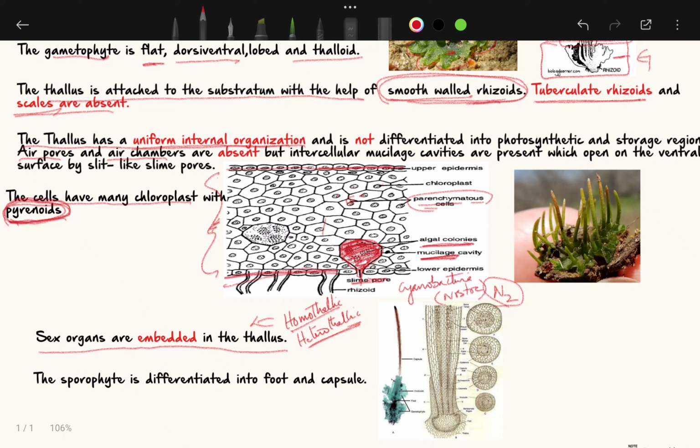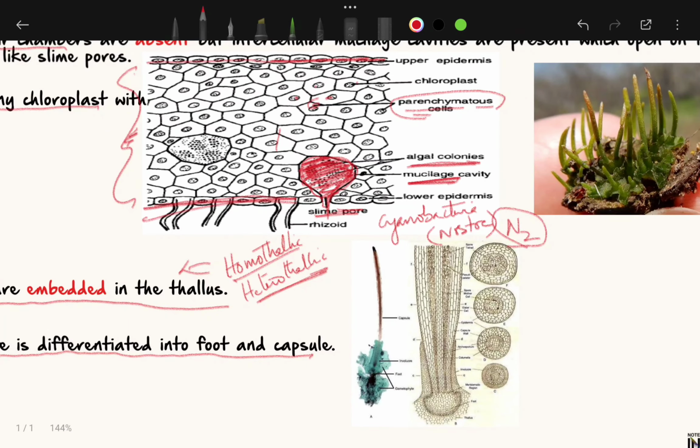And finally, the sporophyte is differentiated into foot and capsule. So this is the gametophyte plant body, and after fertilization the sporophyte will be produced, right? So this is the sporophyte. It will consist of foot and then capsule. Seta will be absent.